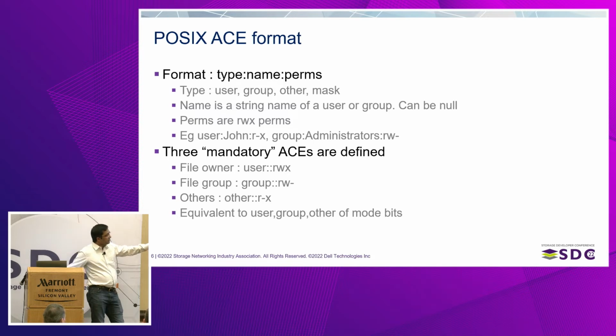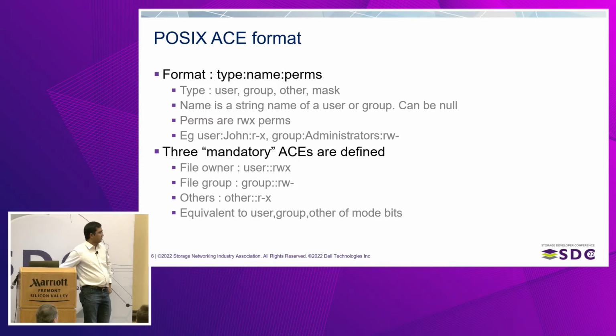The POSIX ACL actually has three mandatory ACEs: one for the owner, one for the group, and one for other. This corresponds to the mode bits, user, group, other permissions that we saw earlier. Apart from that, you can also have explicit named users and named groups. The second part of the ACL is the name.